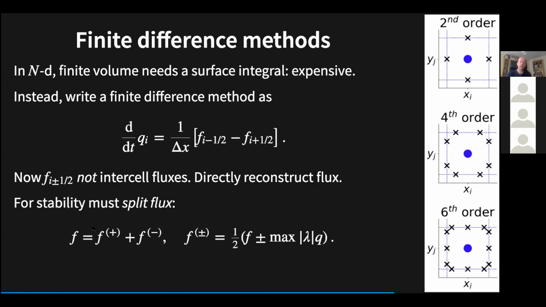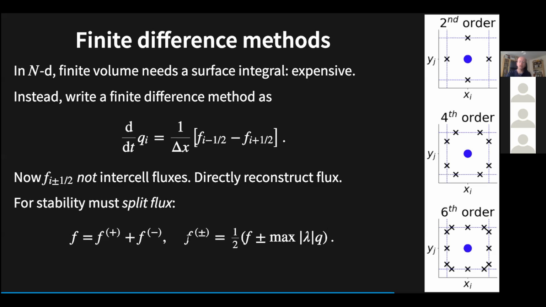But what we mean is that the derivative of each part with respect to Q has to have a specific sign. So dF plus by dQ has to be strictly positive. dF minus by dQ has to be strictly negative. And an example of how you construct that is given by this Lax-Friedrichs flux on the right-hand side. So that's similar in spirit to the HLLE approach to solving Riemann problems.